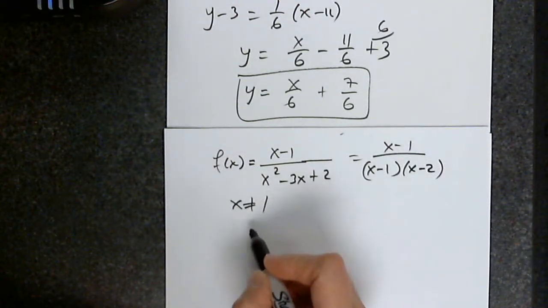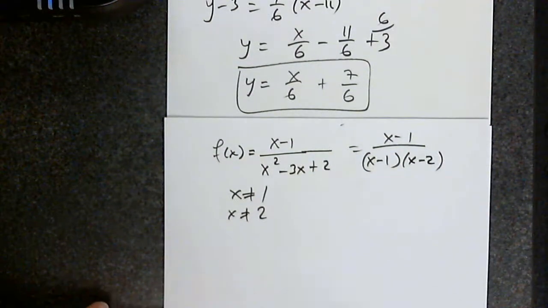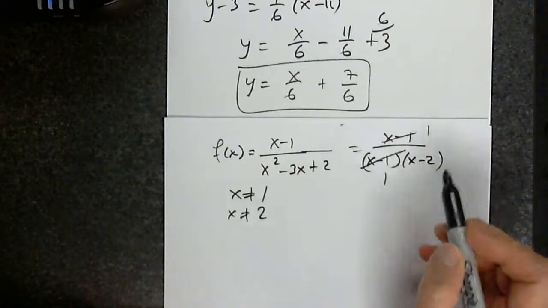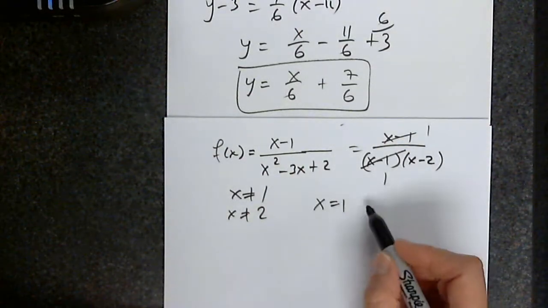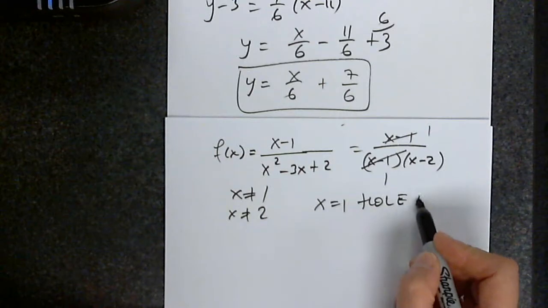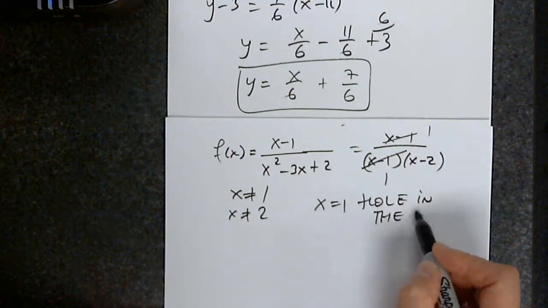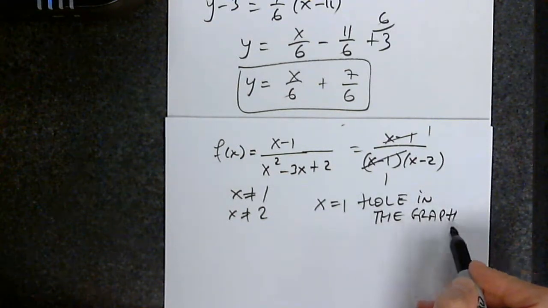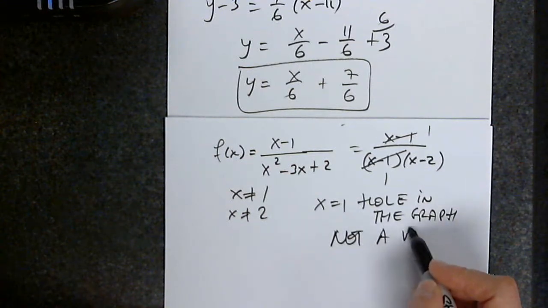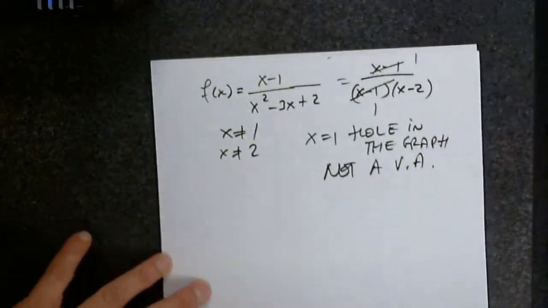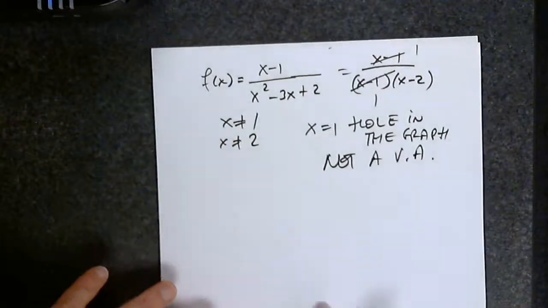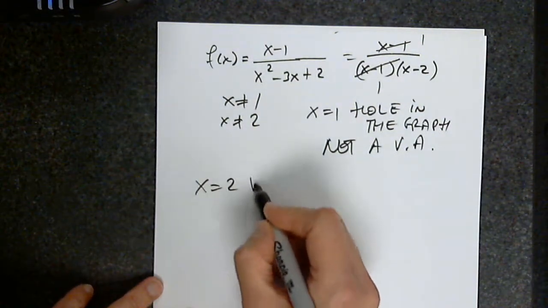The function is undefined at 1. The function is undefined at 2. However, x minus 1 will disappear. So x equals 1 is a hole in the graph, not a vertical asymptote. So the only vertical asymptote is x equals 2, a VA.